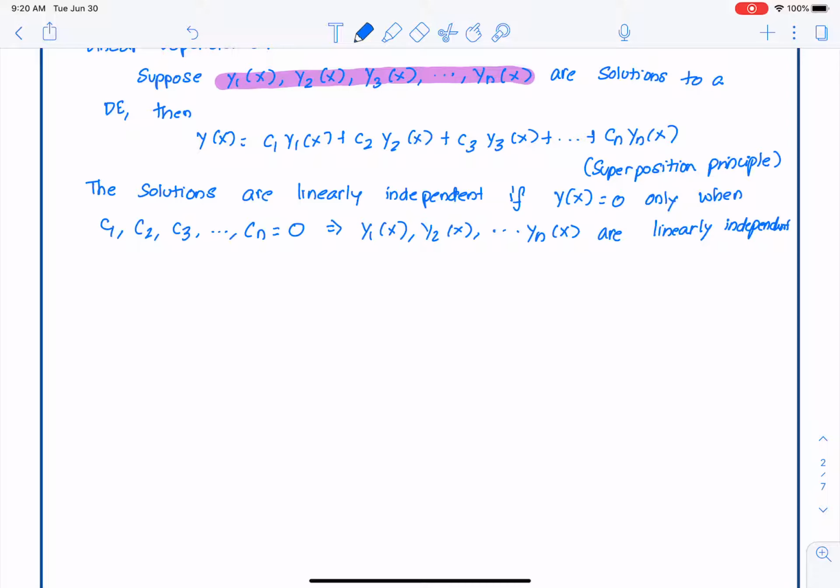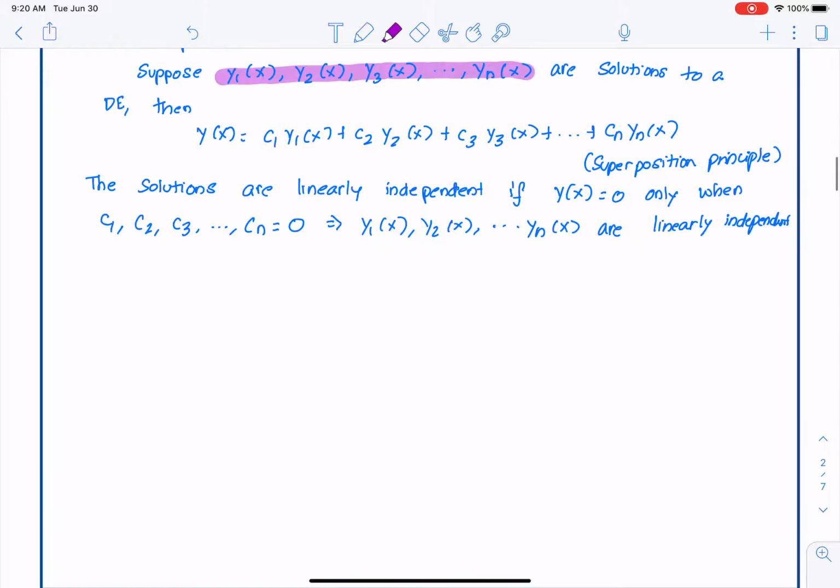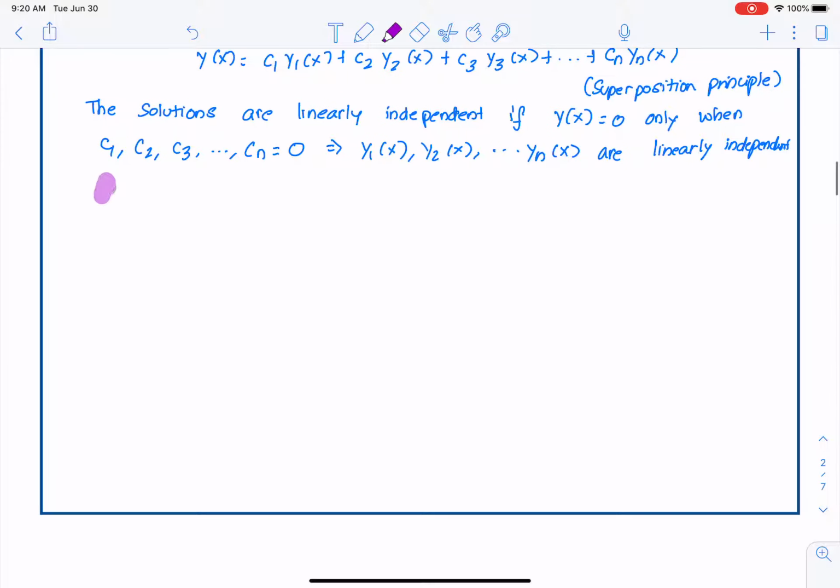Let's say, as an example, y1 of x equal to x and y2 of x equals 2x.